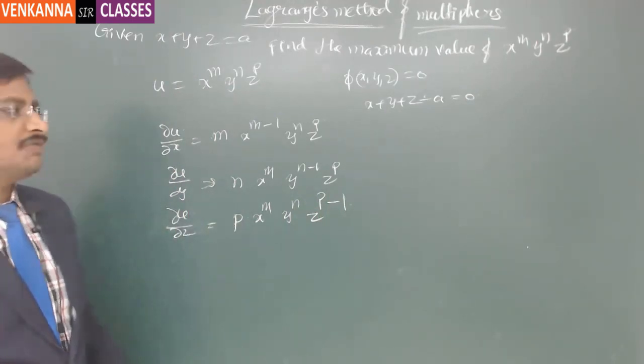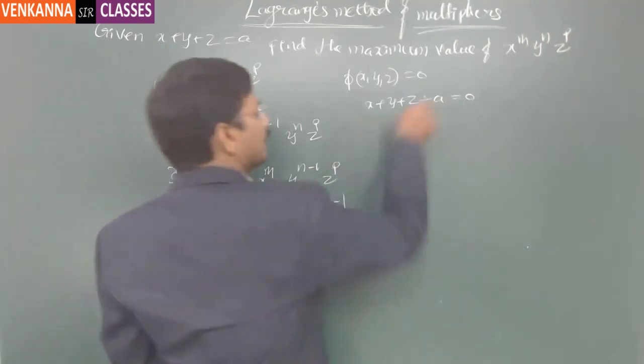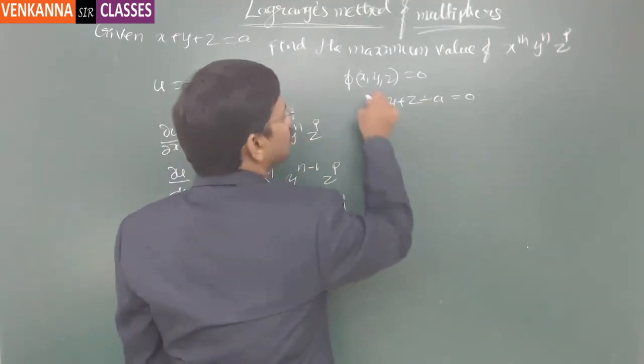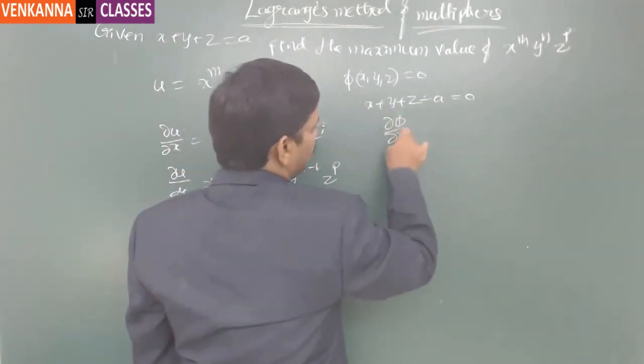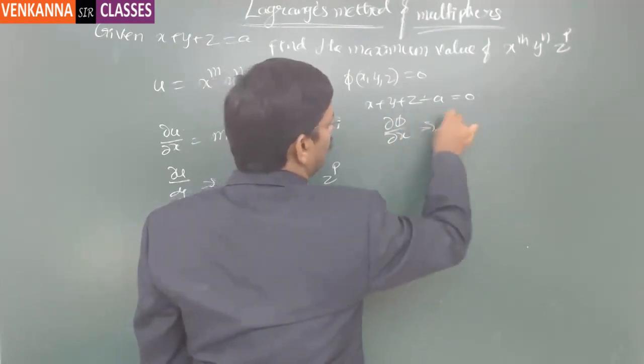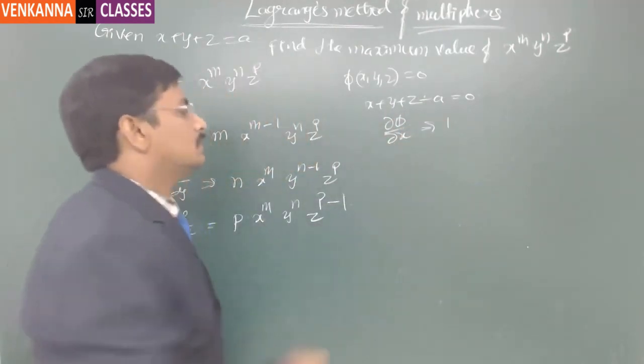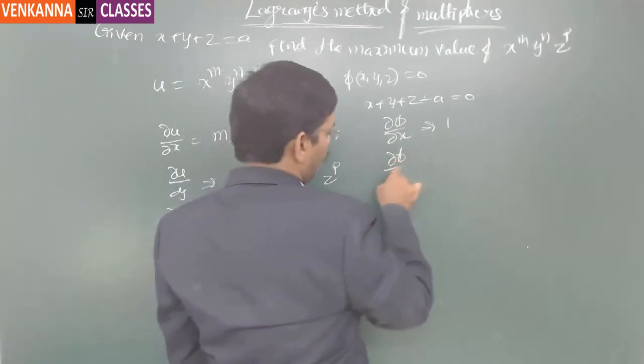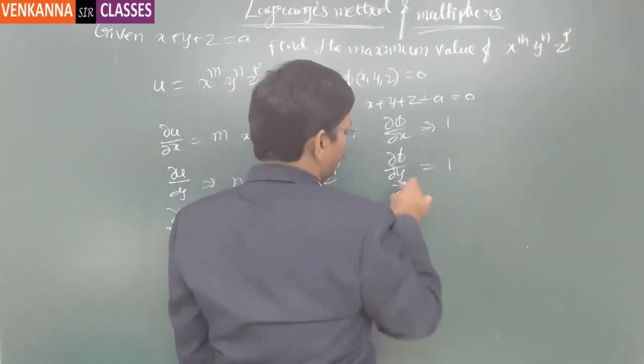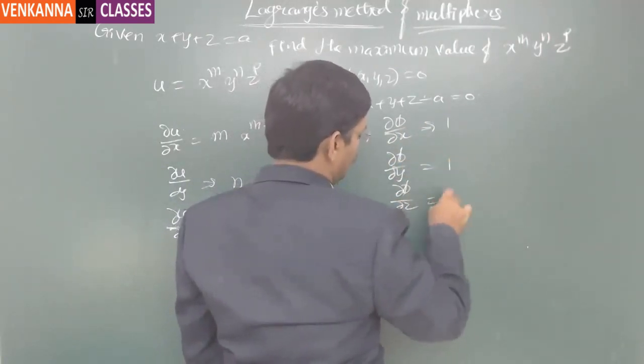And then the condition: dou phi by dou x is nothing but 1. Similarly, dou phi by dou y is equal to 1, dou phi by dou z is equal to 1.